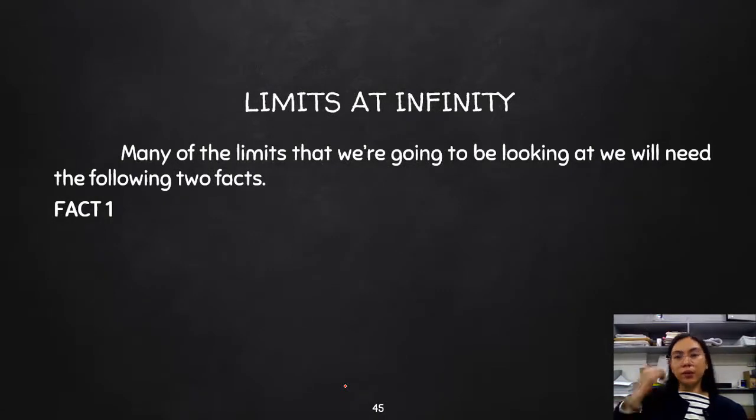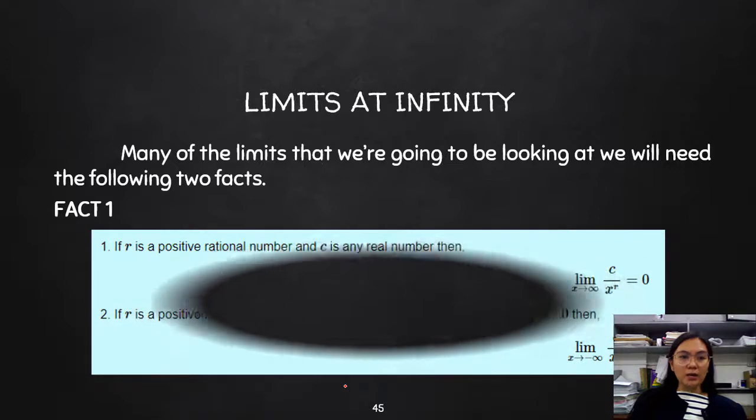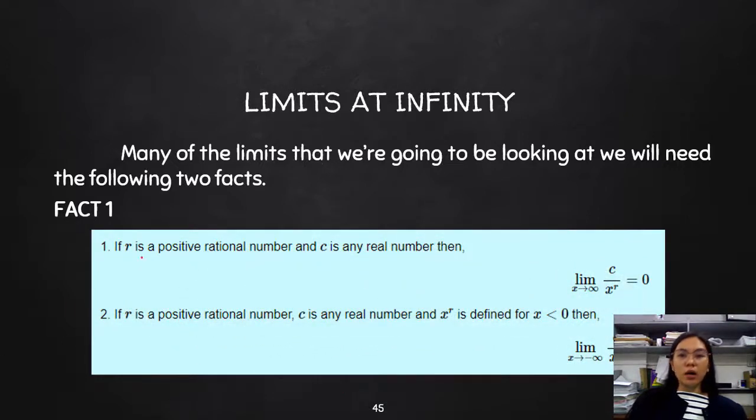For many of the limits that we're going to be looking at, we will be needing the following two facts. Number one, if r is a positive rational number and c is any real number, then the limit of c divided by x raised to r as x approaches infinity is equal to 0.